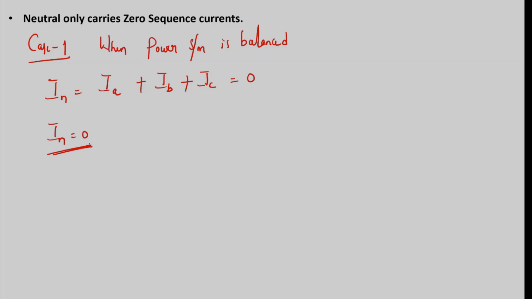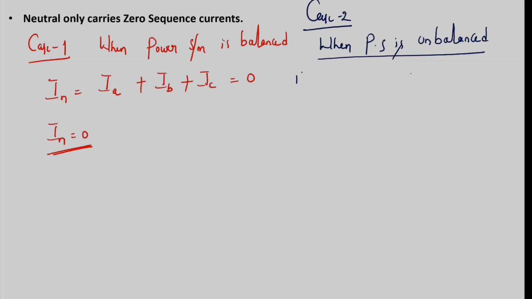Case 2: when the power system is unbalanced. Whenever there is unbalance, again neutral current is given by IA plus IB plus IC, but now their phasor sum is non-zero.